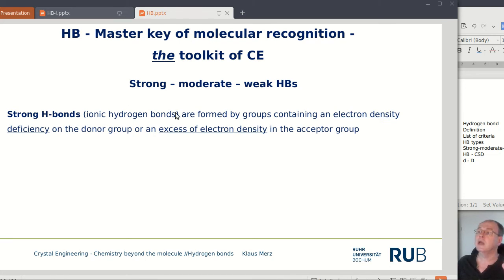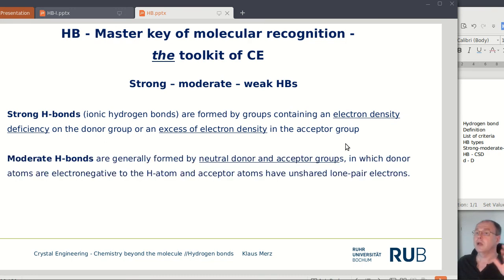Ionic hydrogen bonds are formed by a group containing electron density deficiency on the donor and an excess of electron density in the acceptor groups. This is mostly seen in ionic species. Moderate hydrogen bonds are generally formed by neutral donor and acceptor groups, in which donor atoms are electronegative to the H atom, and the acceptor atoms have unshared lone pair electrons.